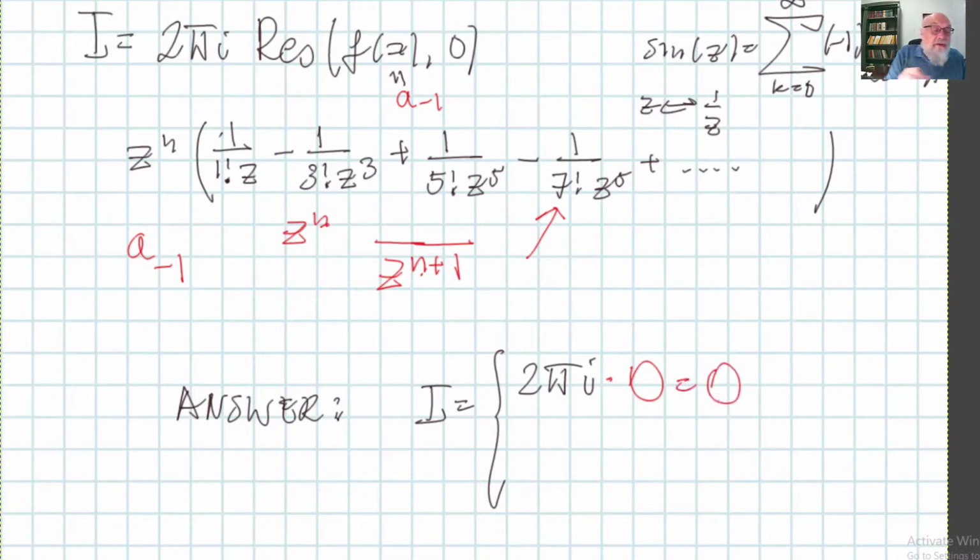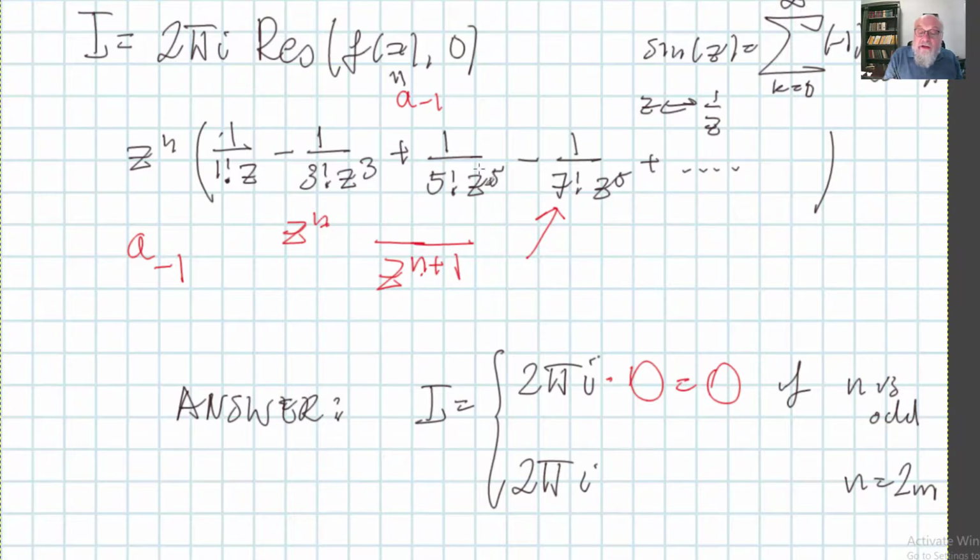So this is equal to 0 if n is odd. And this will be equal to 2πi times something if n is even, so put it like this: n is equal to 2m.